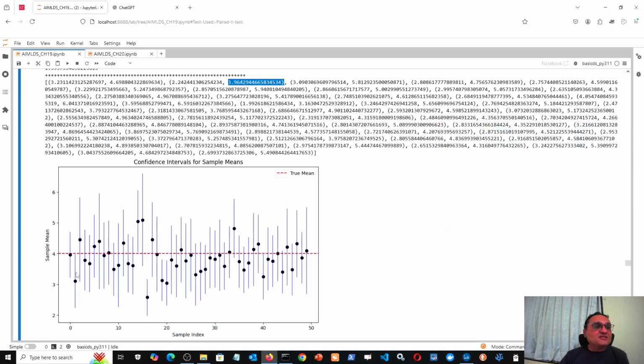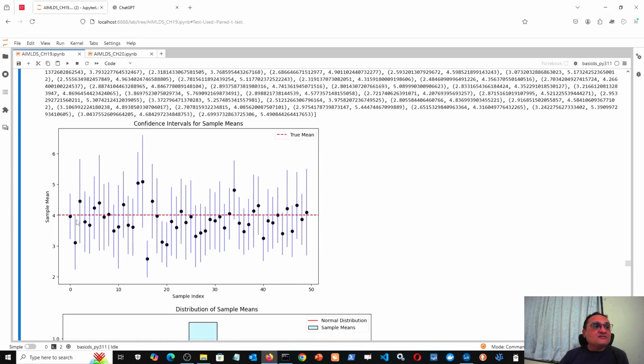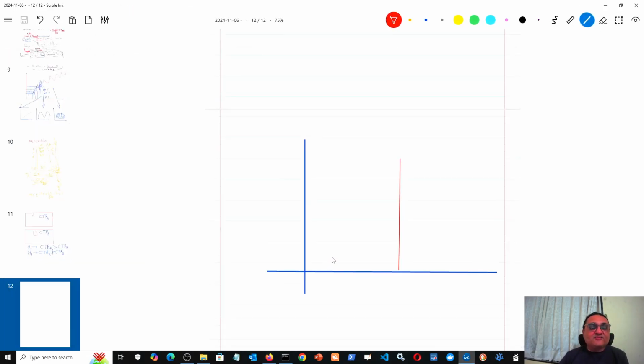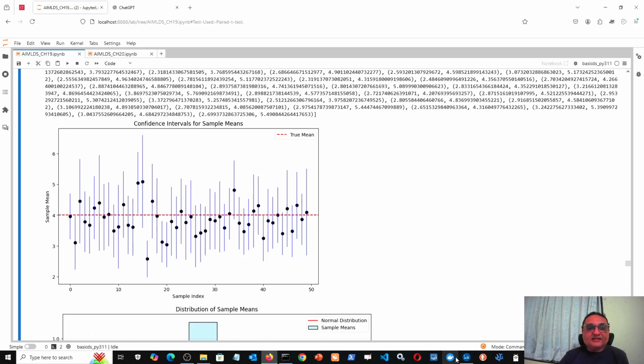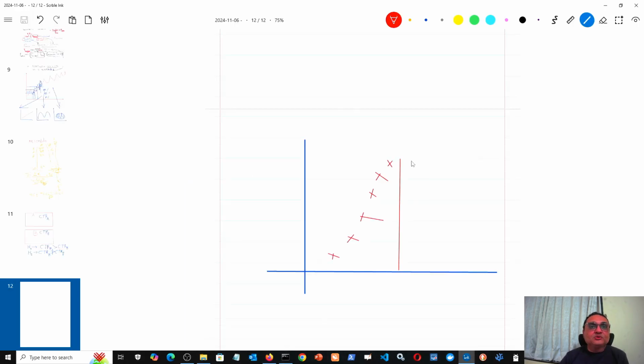See this dotted line, that is your true mean, the mean of all these means of 50 samples, right? Some observations which are below the true mean, below the red colored line, will be plotted on the left side here, okay. And some means which are above that red colored line will be plotted on the right side, right?